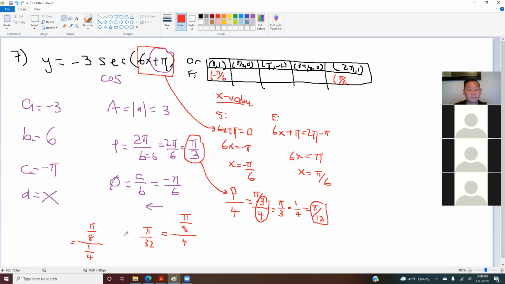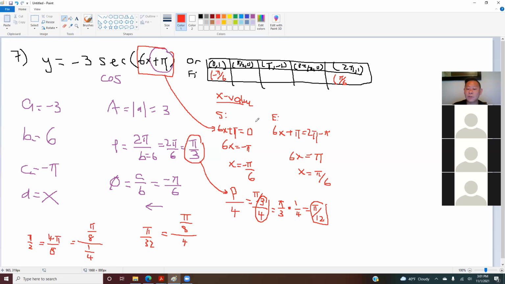Then this 4 goes to the top, as what Gamal said early on, remember? So this will become 4 pi over 8, which is pi over 2. Okay, so if there is no other fraction, you just multiply to get 32. But if you see another fraction, this 4 goes on top, because when you multiply by 1/4, you flip it and it becomes 4. So that's why the 4 goes to the top.